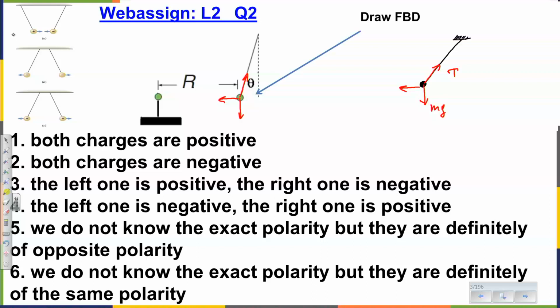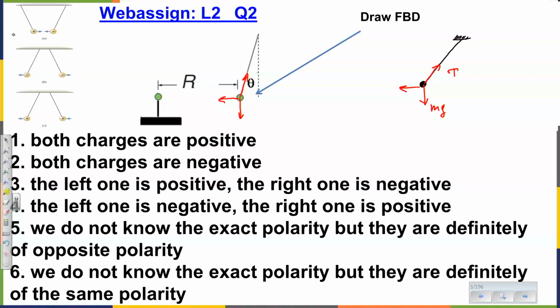Does it mean the ball on the right repels the ball on the left? What do you think? Say something. I'm not giving up on you. The ball on the left attracts the ball on the right.